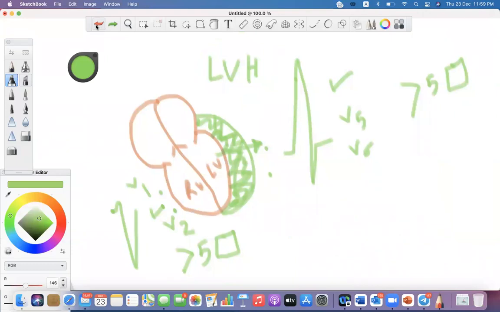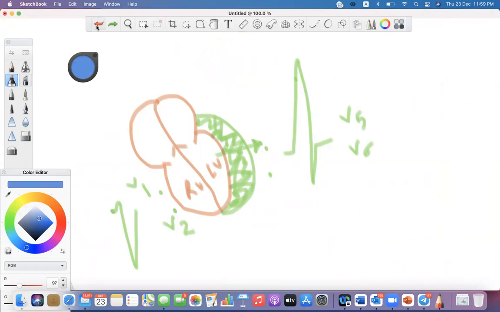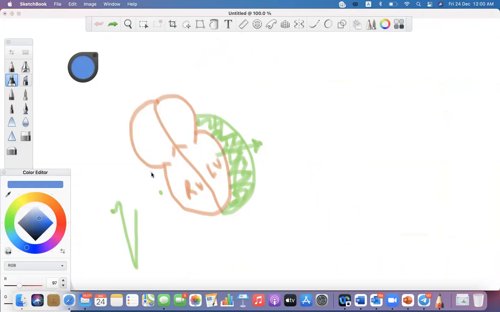What about when the right ventricle becomes hypertrophied? Like this. Yes, here the electrical axis will be directed to the right. So in the right leads, V1 and V2, you will find a very large R wave like this.